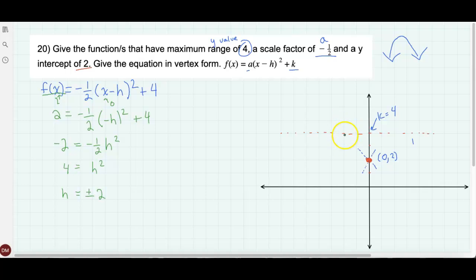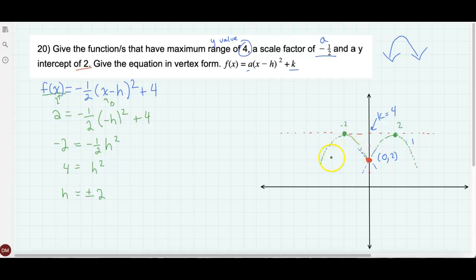We know it's at the horizontal height of 4, so that could be at -2 or at 2, and that actually works with our idea that there are two possible graphs that could be made from there, right? All right, so we can see that there.